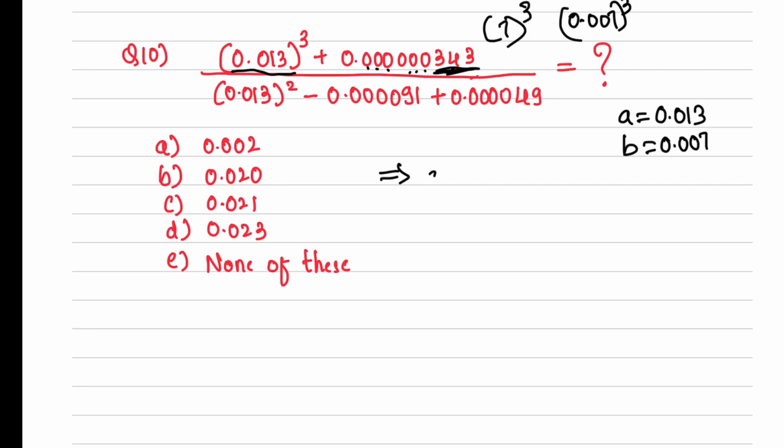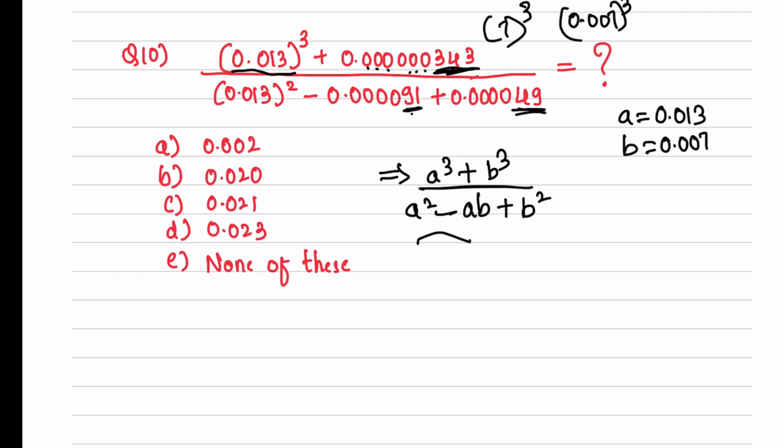So we will get A cube plus B cube divided by, see, this is A square minus, so if you see this, it is 13 into 7, which means it is A into B, plus it is B square.